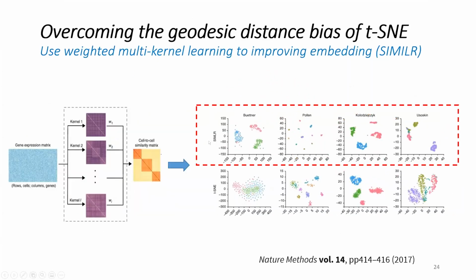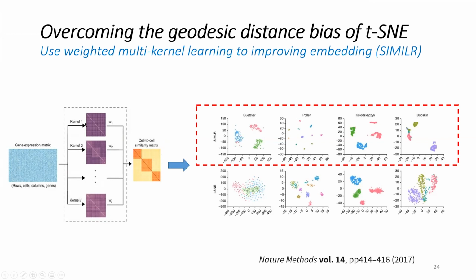But t-SNE is not the holy grail. One of the problems with t-SNE is it doesn't have the domain knowledge embedded. So there's a software called Similar that essentially uses a gene expression matrix, gene-to-cell matrix, and goes through multiple kernels to define a cell-to-cell similarity matrix.